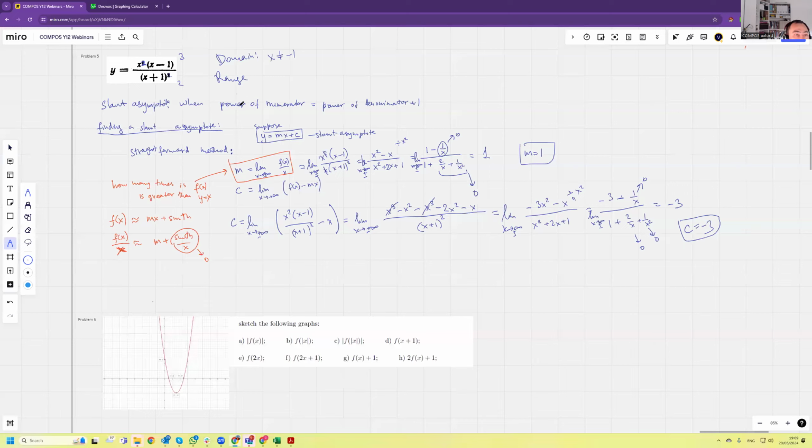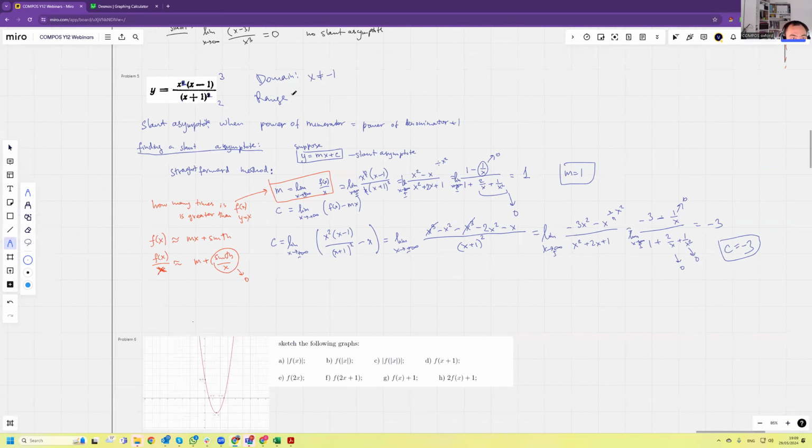Range. What can you say about range? Well, squared, positive. Can it be 0? Yes, it can. It seems like there's no limits for the range.